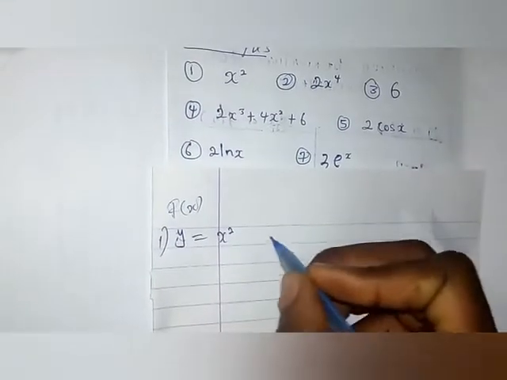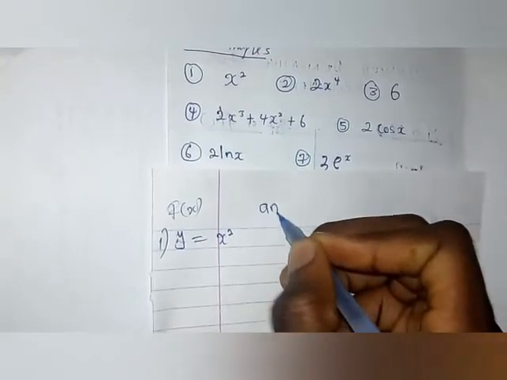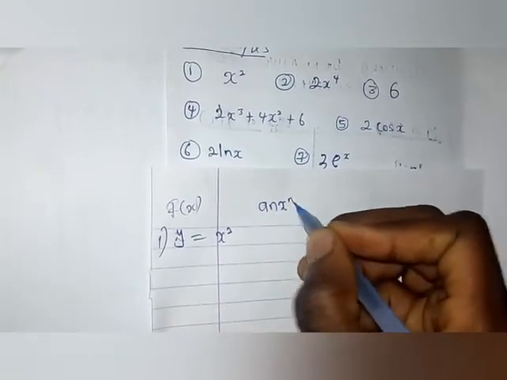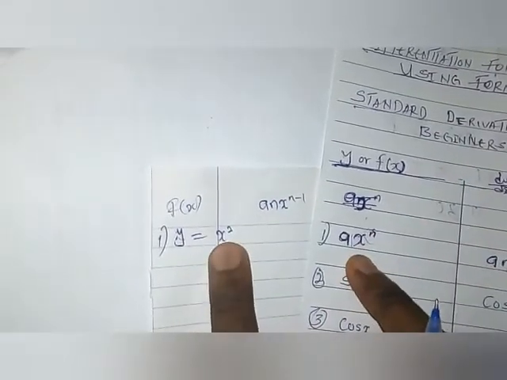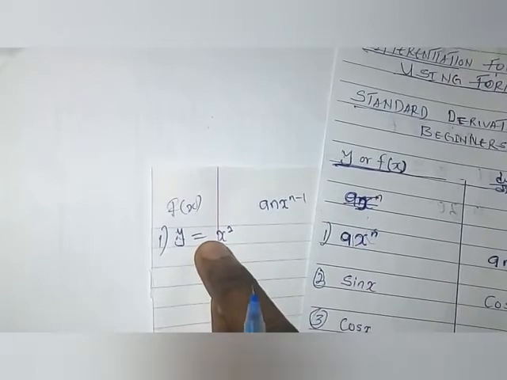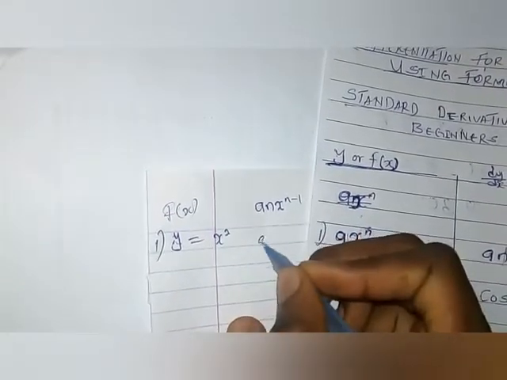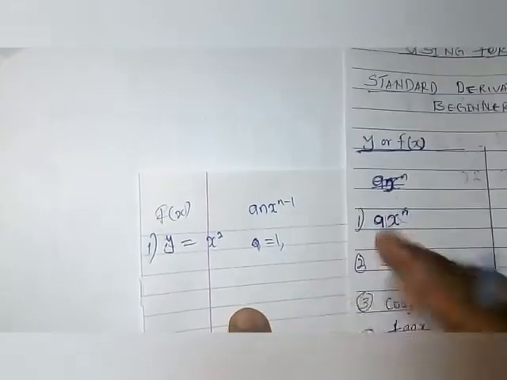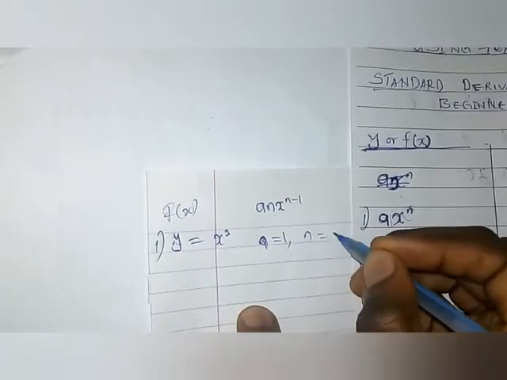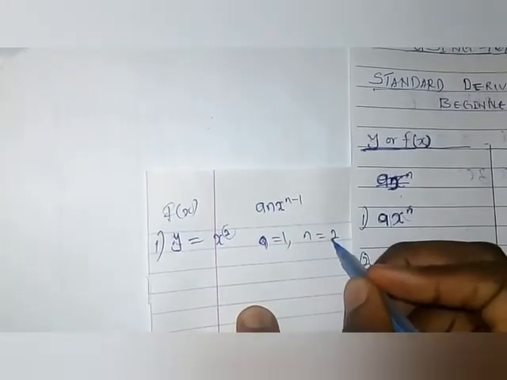By following this formula, a n x raised to the power of n minus 1, you could recall, your constant here is just 1 since there's nothing written there, so a is equal to 1. Your n is equal to 2, that is the power here.